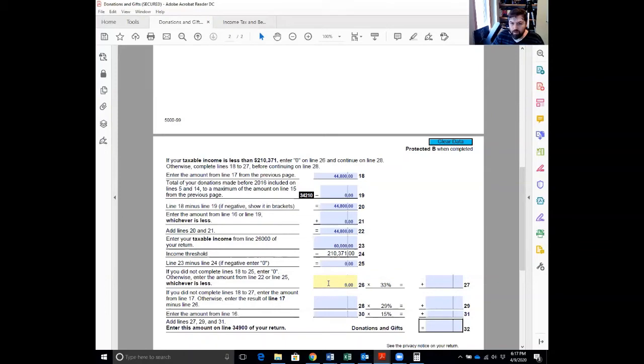If you did not complete lines 18 to 25, enter 0. Otherwise, enter the amount from line 22 or line 25, whichever is less. So if we would have had something here, we would multiply this by 33%. Okay, if you did not complete lines 18 to 27, enter the amount from line 17.